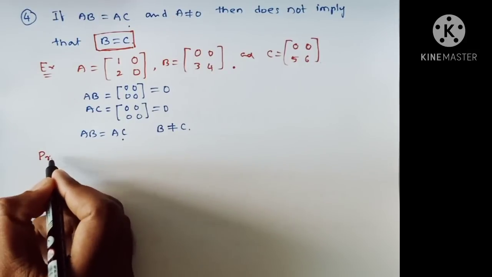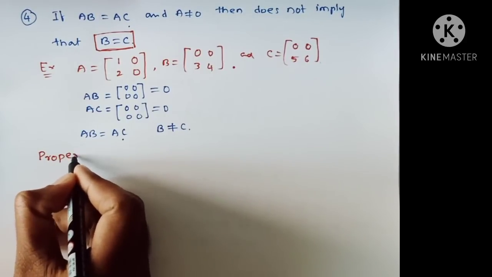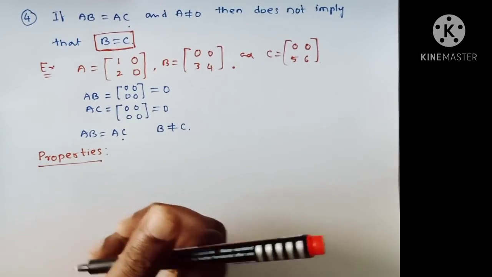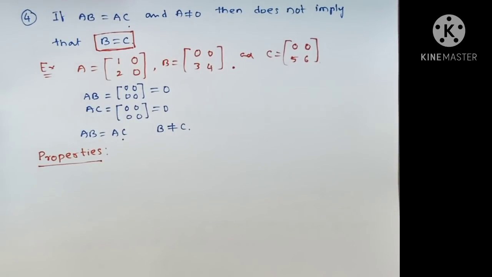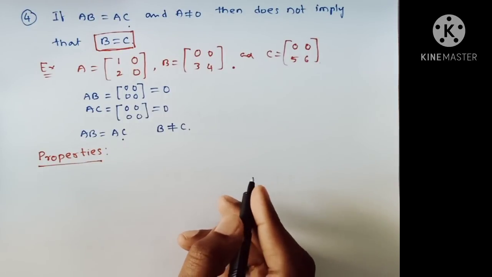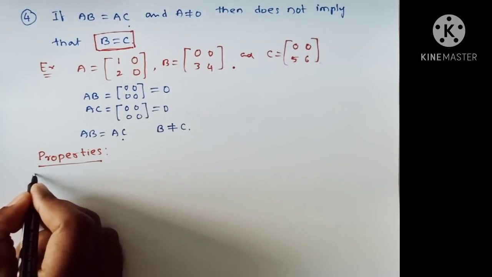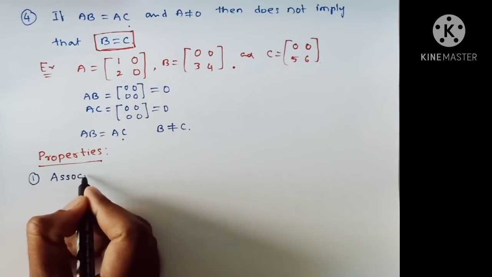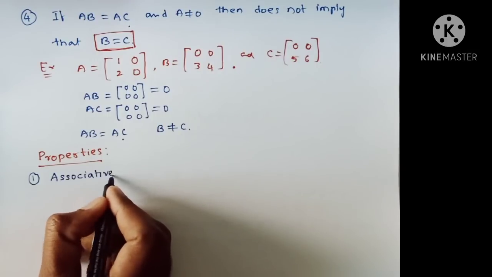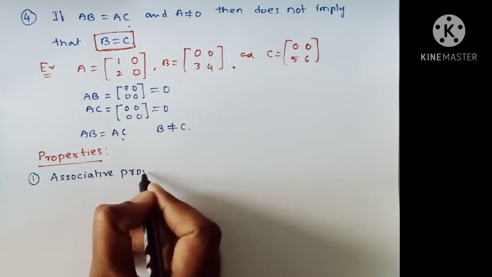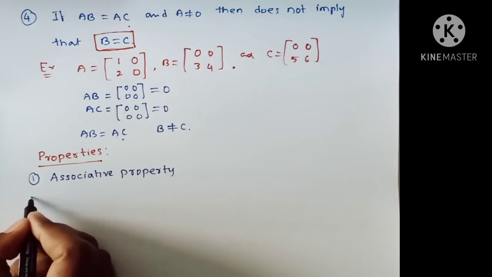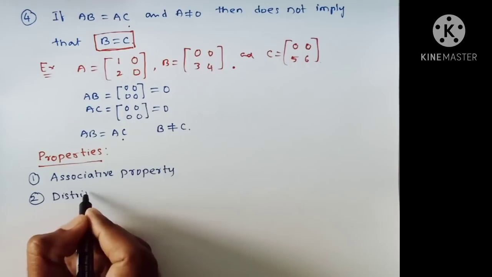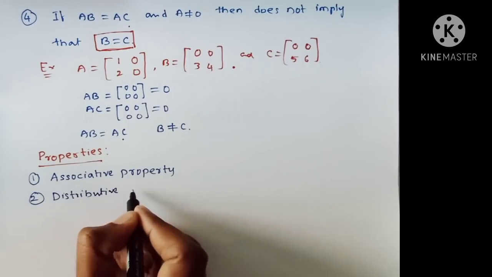Let us see some properties. With respect to the multiplication of matrices, the matrices satisfy the associative property, and satisfy the distributive laws.